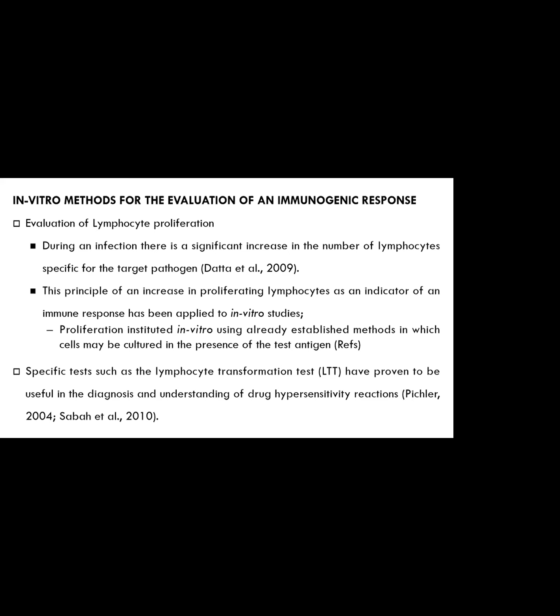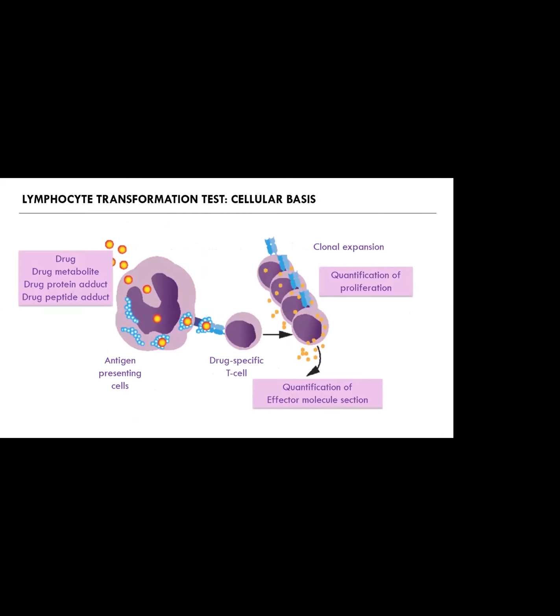We know that during an infection, there's an increase in the number of lymphocytes specific for a target pathogen. And so this principle has been used by instituting proliferation on cells using particular agents, and then testing for the amount of proliferation in a test called the lymphocyte transformation test.